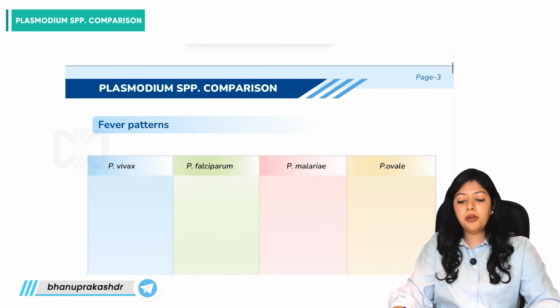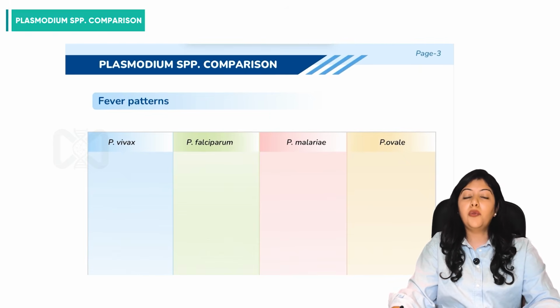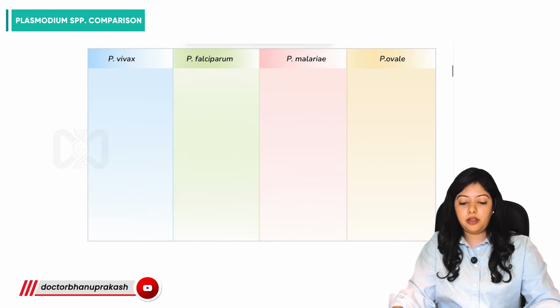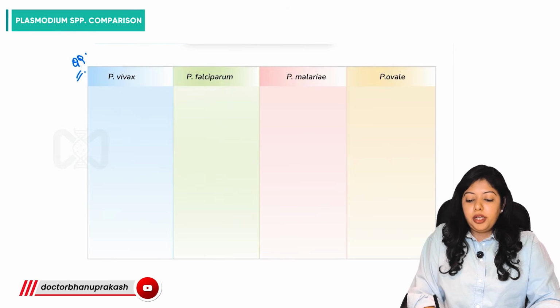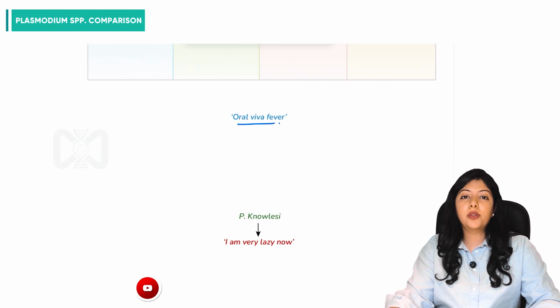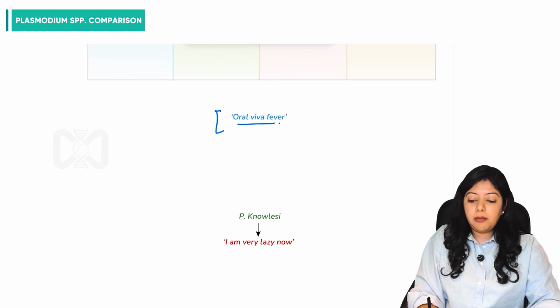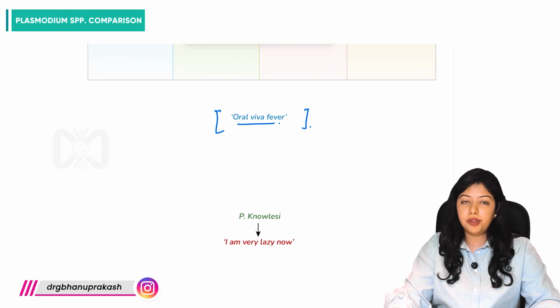So now talking about the fever patterns. How many days does it take for the fever to occur in a particular species? It's very, very important, very, very high yield, so you must learn this. In order to learn which species causes what duration of fever, we will be discussing a mnemonic, that is oral viva fever.